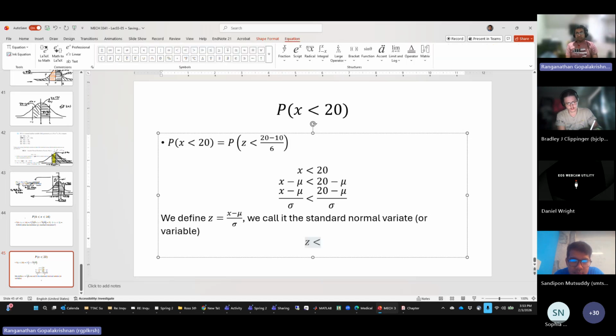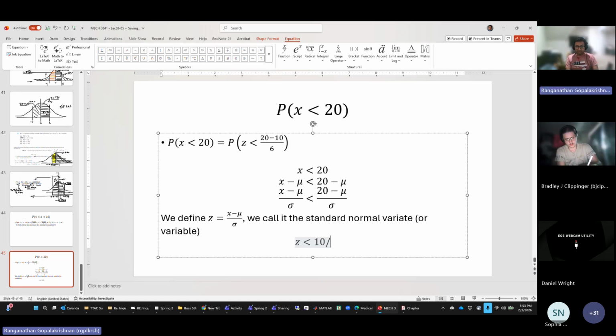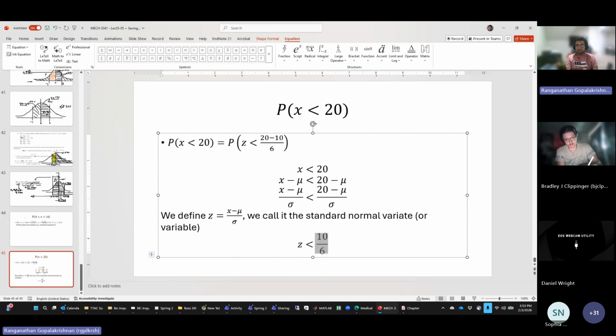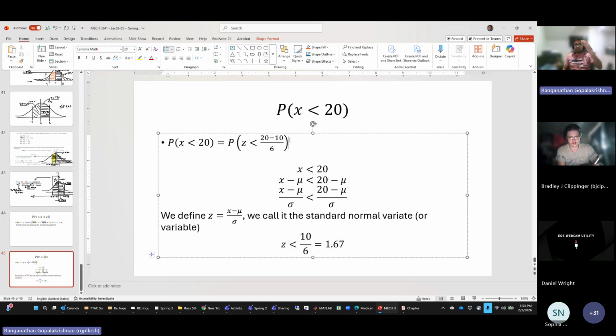The right side is 20 minus mu divided by sigma, for which I substitute mu equals 10 and sigma equals 6. That's 10 divided by 6, which is 1.6667, or 1.67. So probability of z less than 1.67.